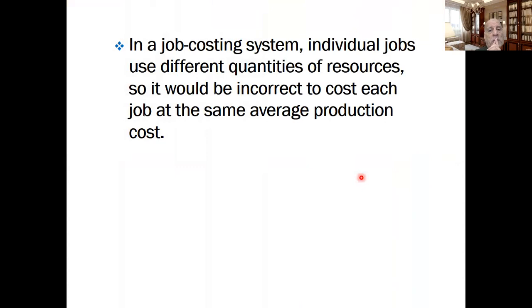In a job costing system, individual jobs use different quantities of resources. So it would be incorrect to cost each job at the same average production costs, as we said previously in chapter 4.